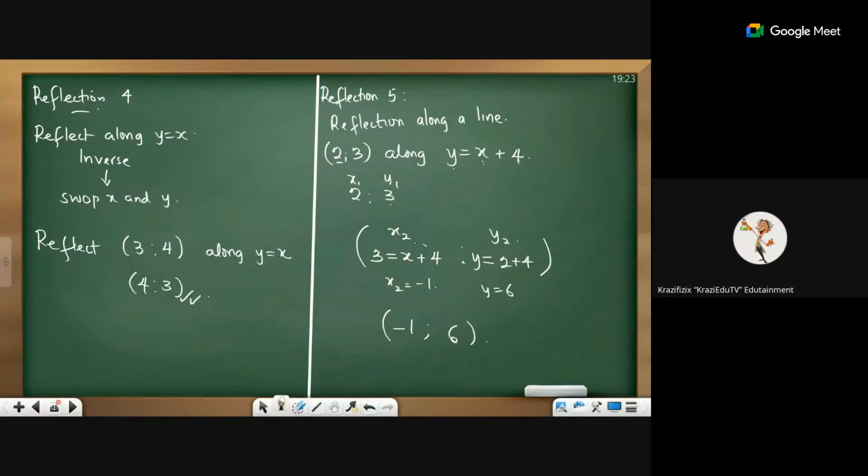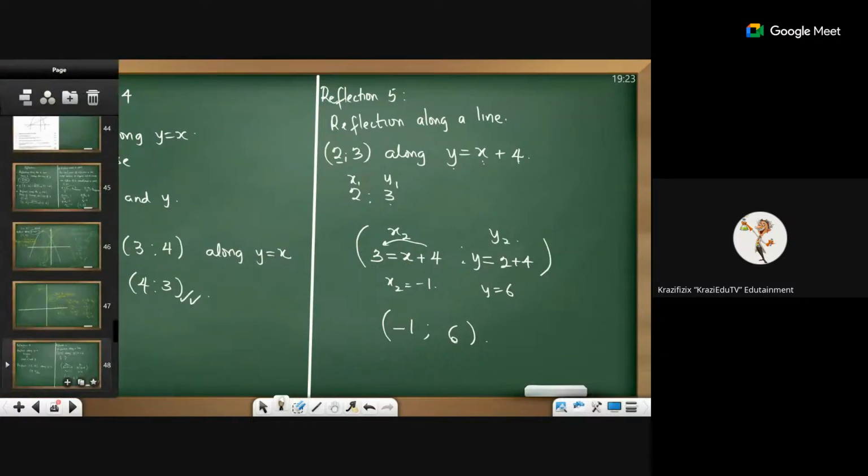Are you not moving the 4 over? Yes. And you have the 5 types of reflection you're going to get: along the y-axis, along the x-axis, around the point, along the line y equals x, and along the line where you're given an equation. This is the most complex one, the last one, but it's quite easy.